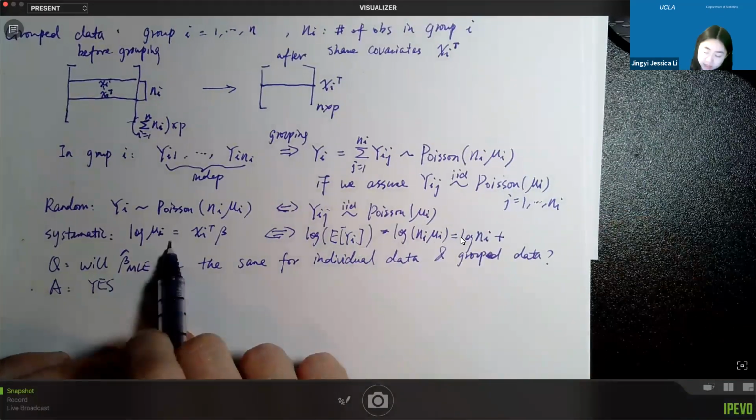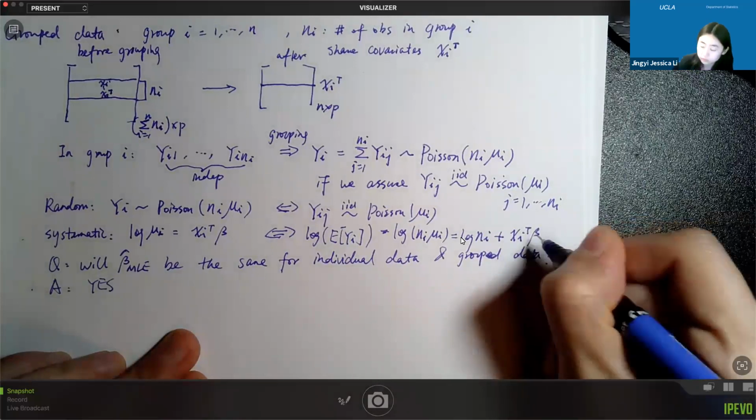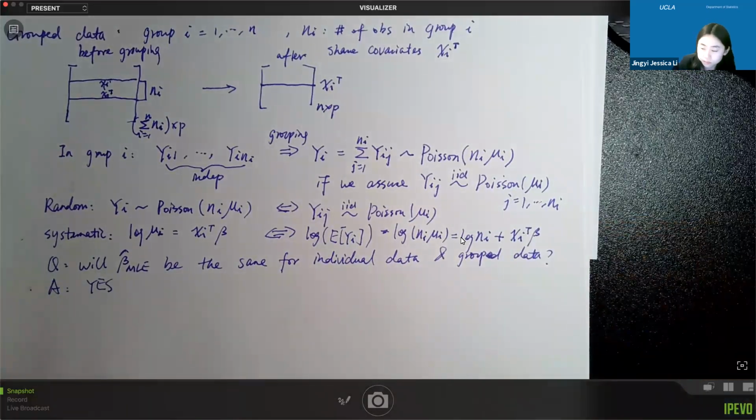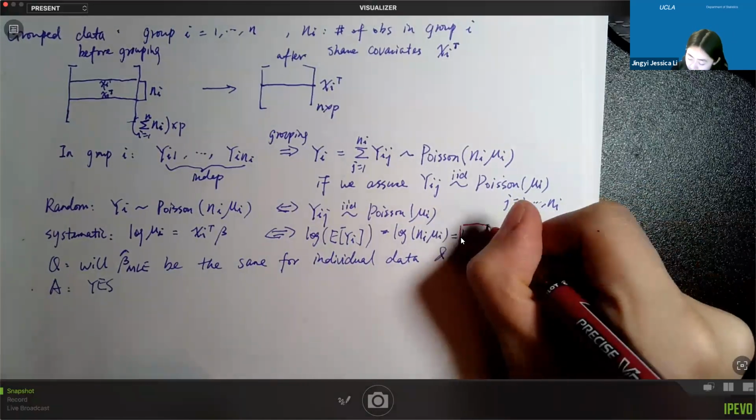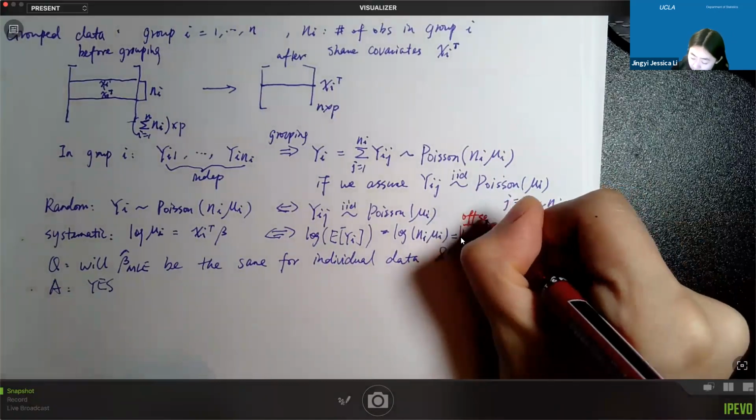Log mu i is the linear predictor x_i transpose beta. So in other words, in some places you will see that for group data, we have an offset term. When they say that, it's referring to this log n_i.